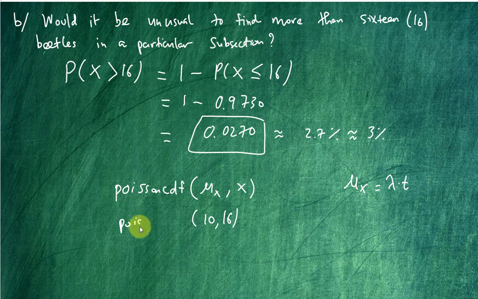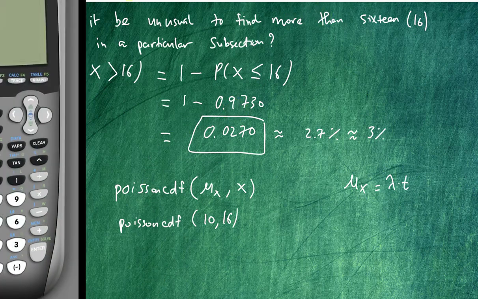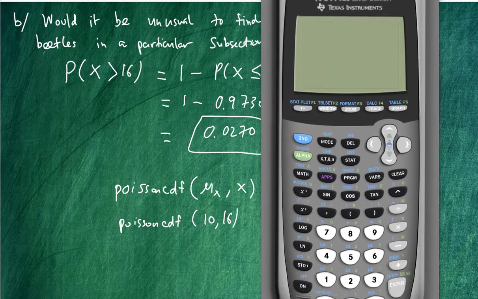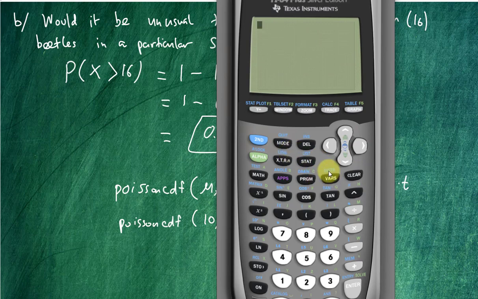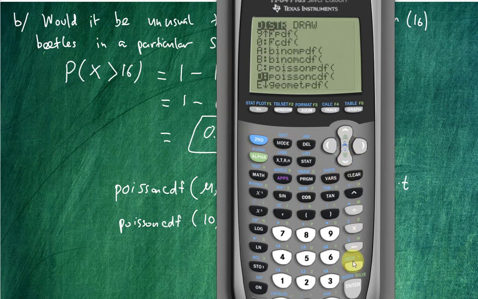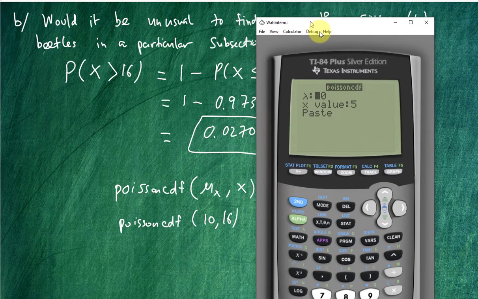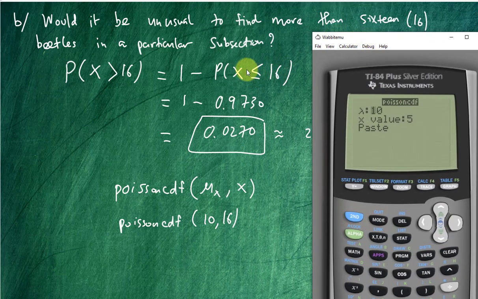So Poisson CDF of that will give you the value here. Now I'll show you quickly how to use that. We can use the distribution menu: second var to get you to the distribution list, and then scroll down all the way to Poisson CDF, because we are looking for the cumulative value from 0 up to 16.